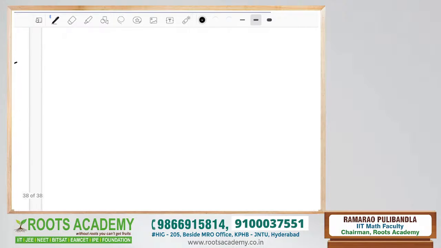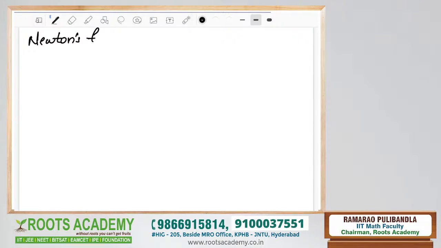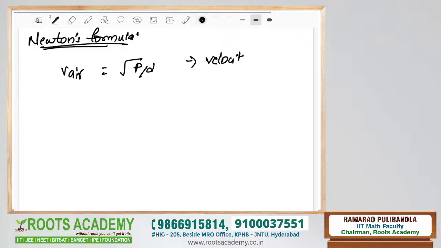In Newton's formula, the velocity of the air is equal to the square root of rho divided by d.